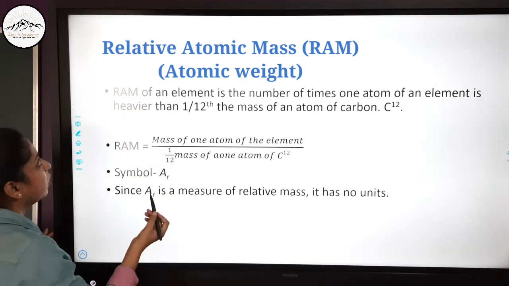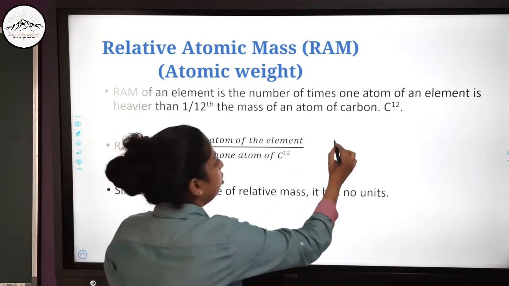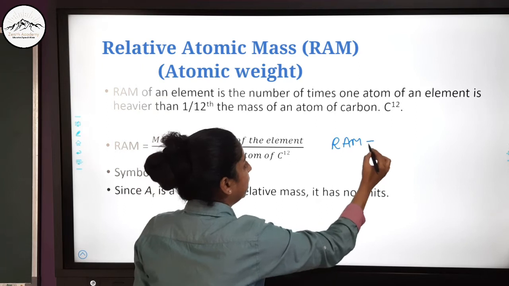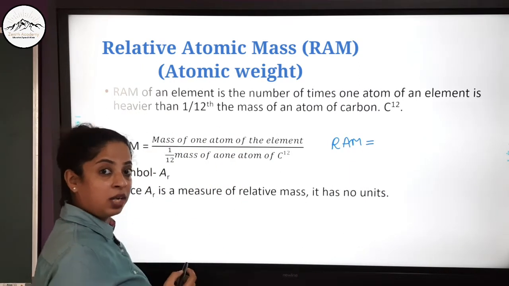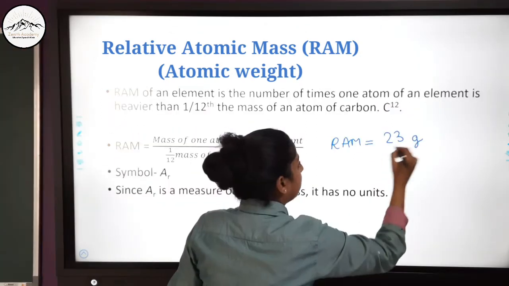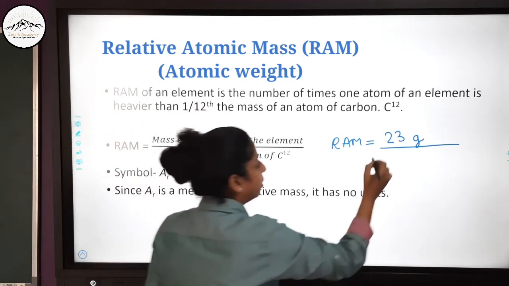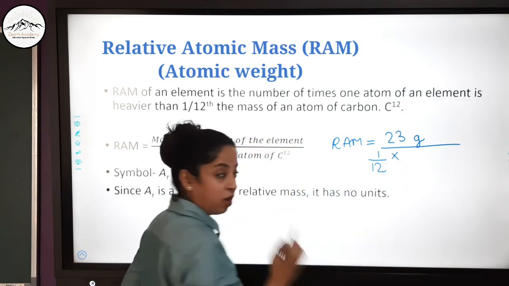Now suppose we are told to find the relative atomic mass of sodium. The relative atomic mass of sodium will be equal to the mass of one atom of the element. The mass of one atom of sodium is 23 grams, upon 1/12 the mass of one atom of carbon.